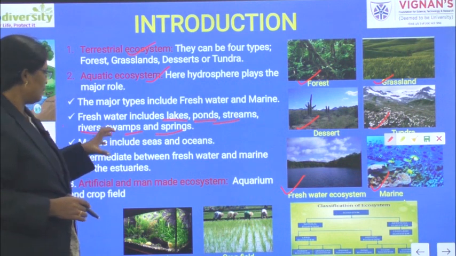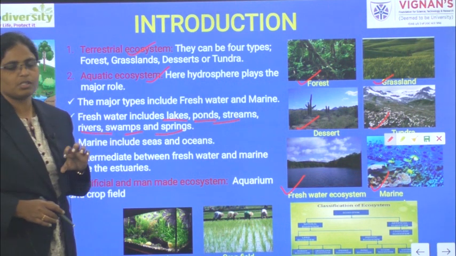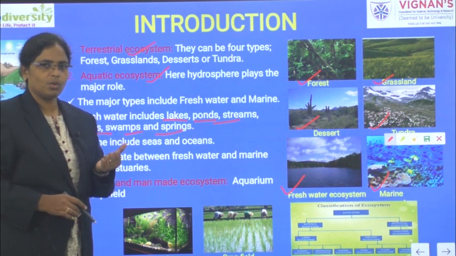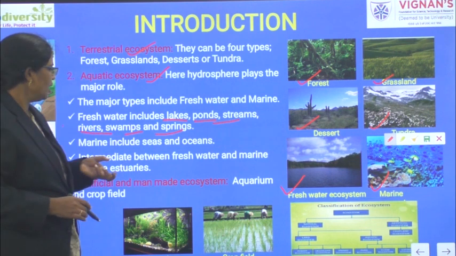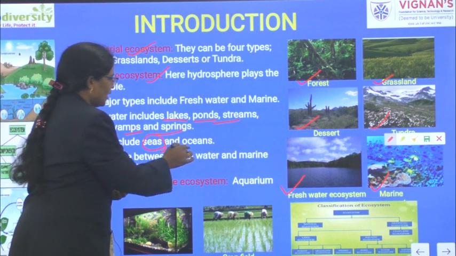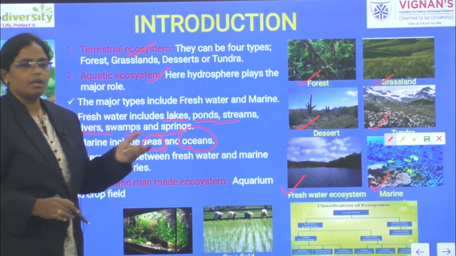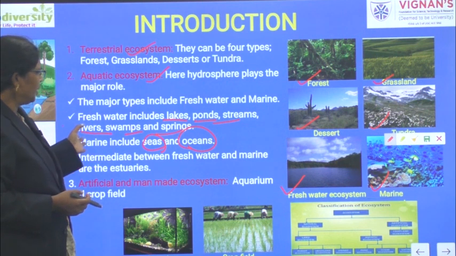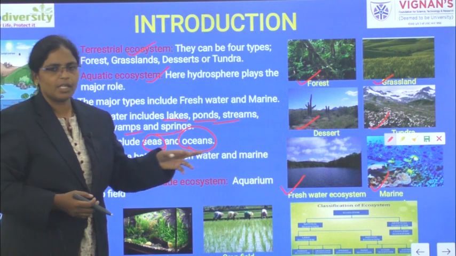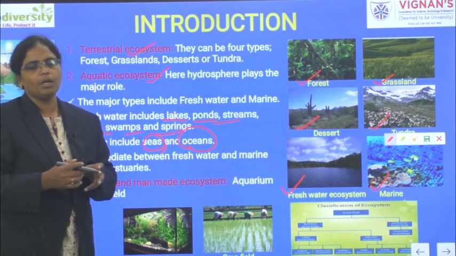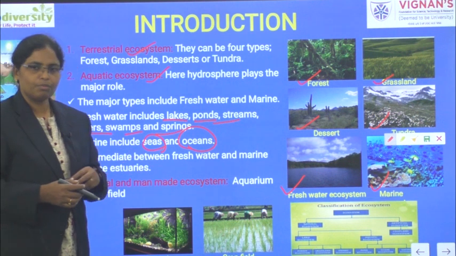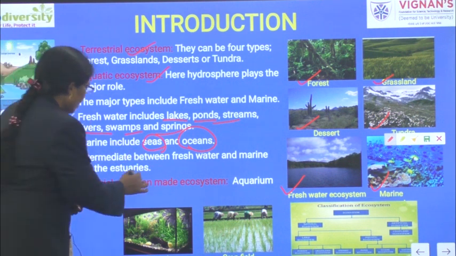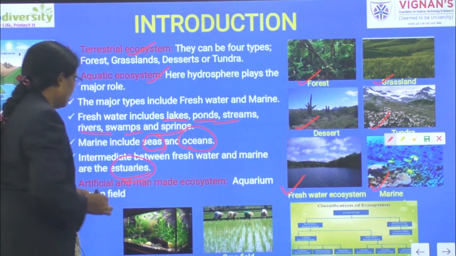So all these comes under the freshwater ecosystem. Whereas marine water ecosystem, mainly the seas and oceans. So these two categories comes under the marine water ecosystem. And in between this one, freshwater as well as marine water, there is mix up of these two water bodies. Then that one is called as estuaries.